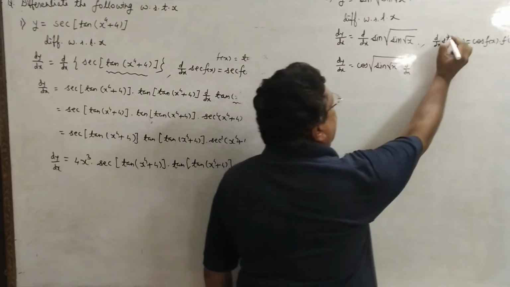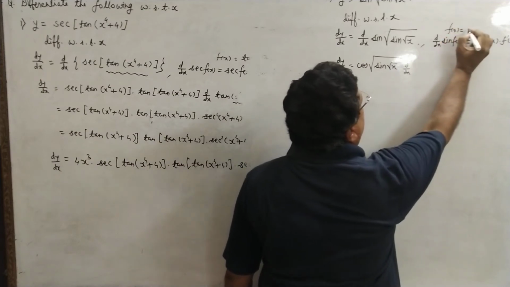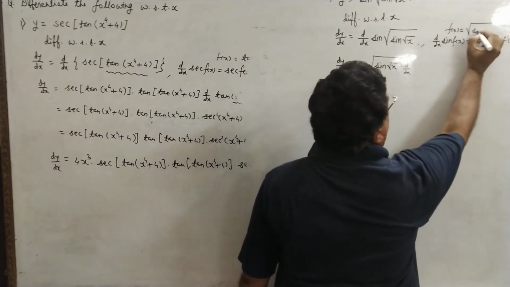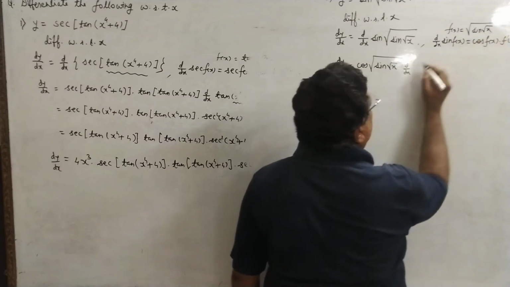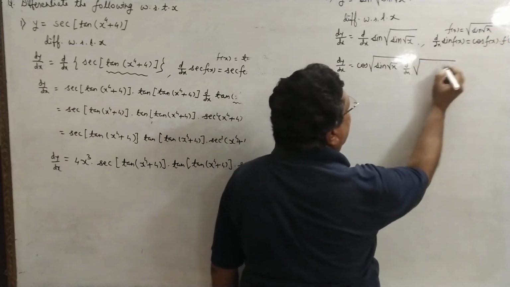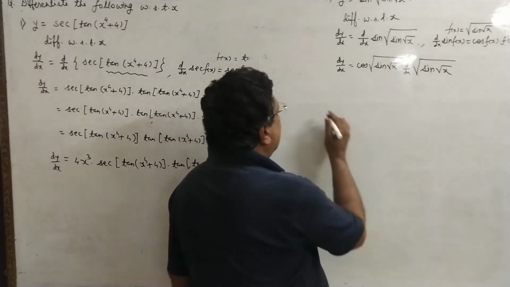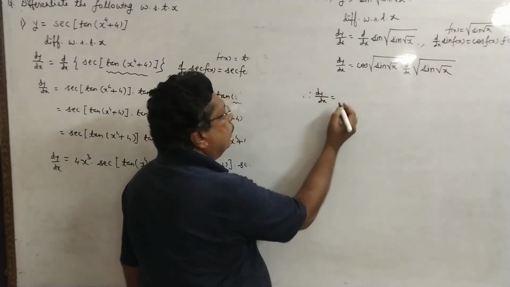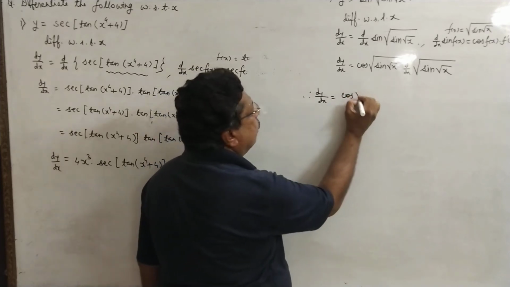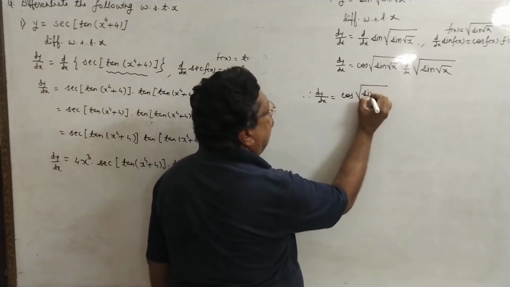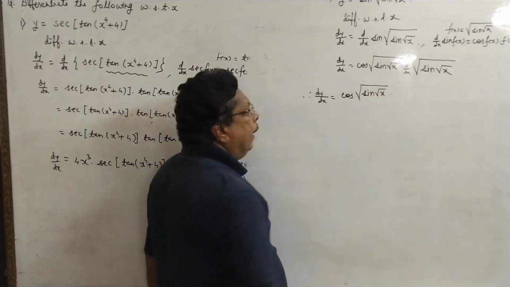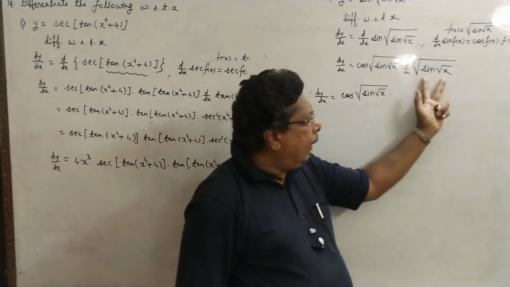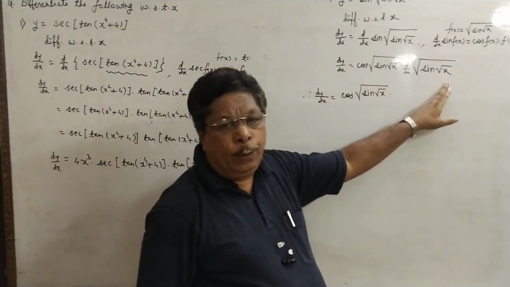What is fx? Fx is equal to root sine root x. So therefore dy by dx is equal to cos root sine root x into derivative of root sine root x.